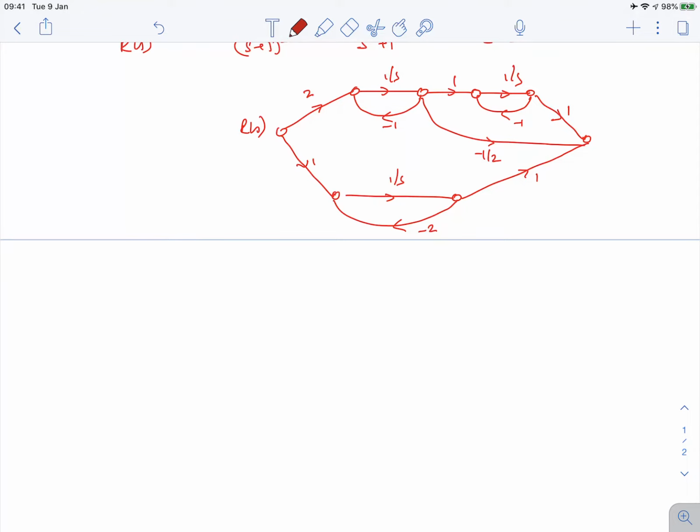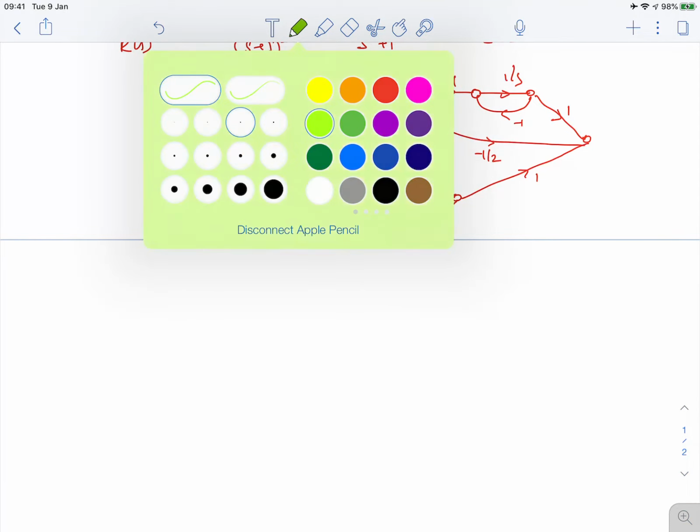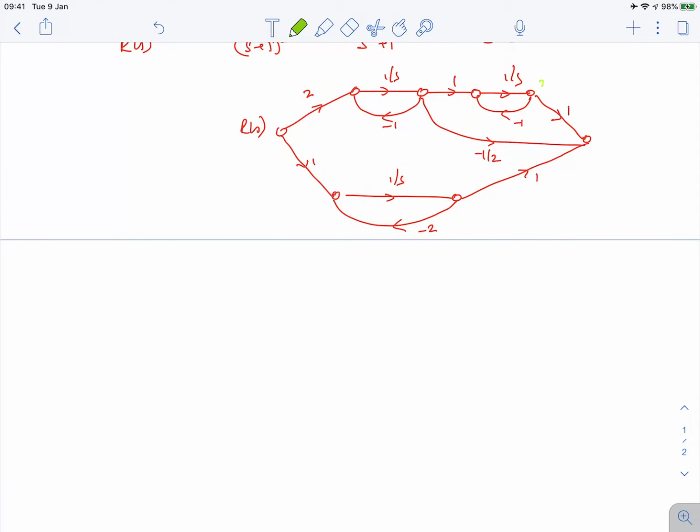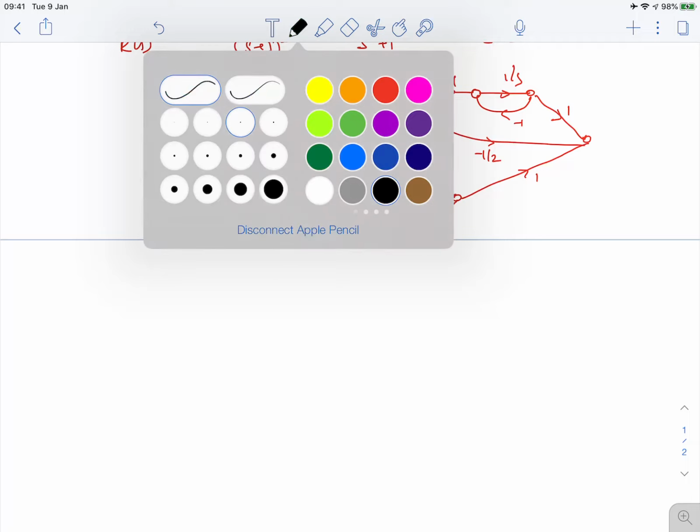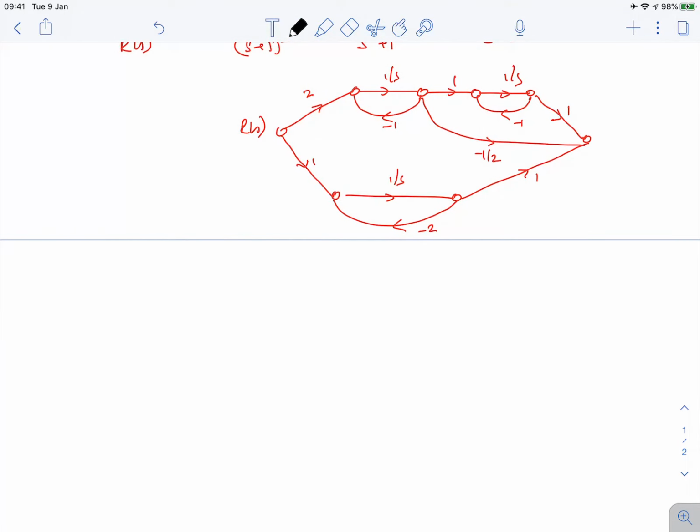So first of all, let's denote all the elements. Maybe this color is light. Okay, let's choose x1.